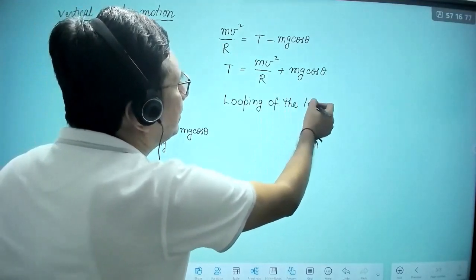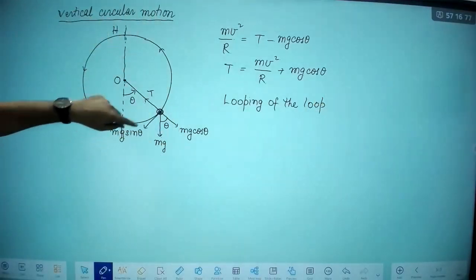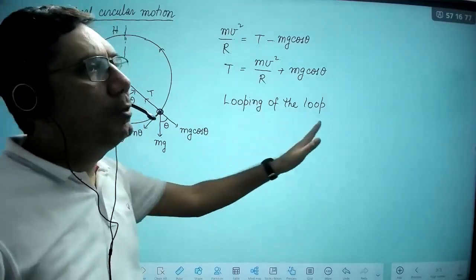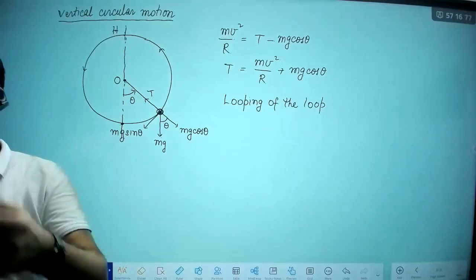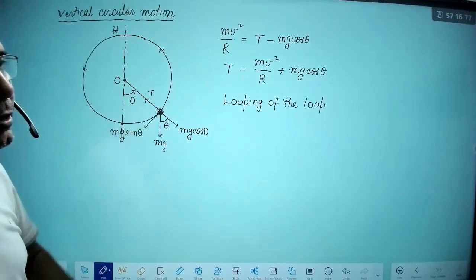It means the mass is undergoing complete cycles. When it is completing its cycle, it is called looping of the loop. This is a term that is used here.